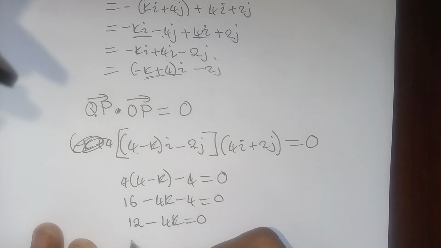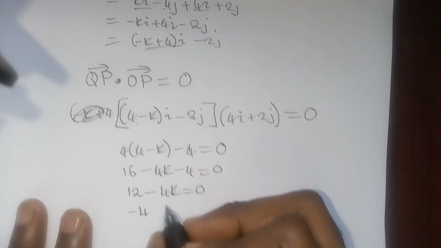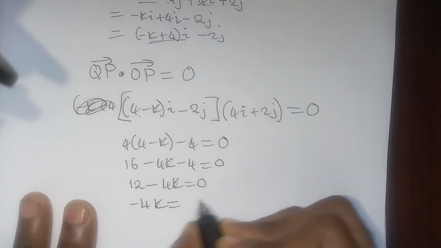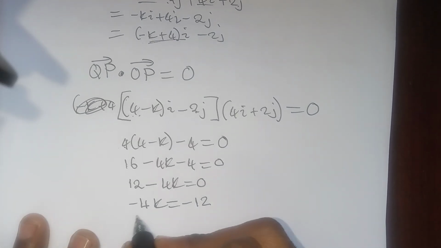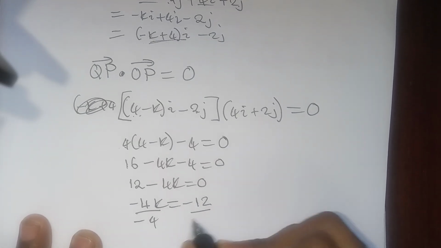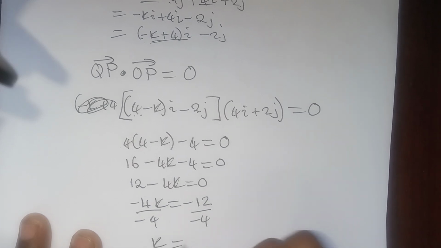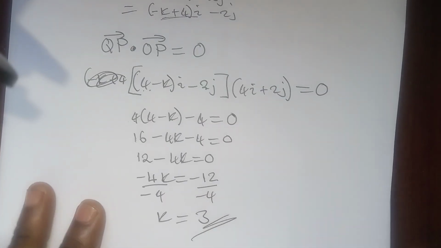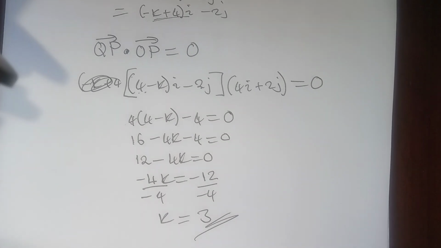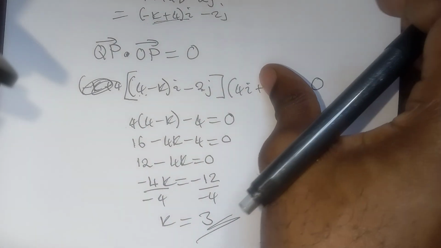We take the 12 to the other side, divide both sides by -4, and k is 3, and you're done. So it was easy. Let's look at part B.